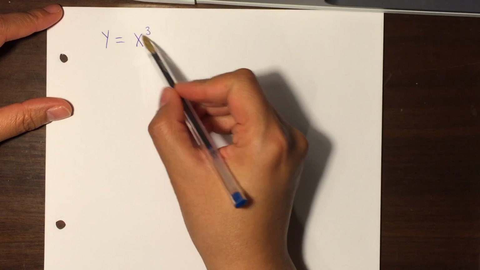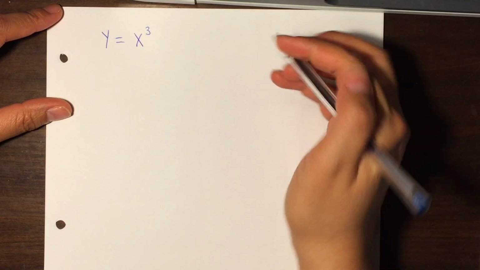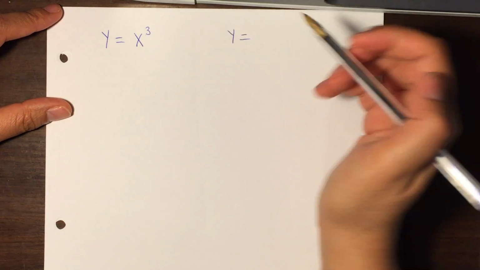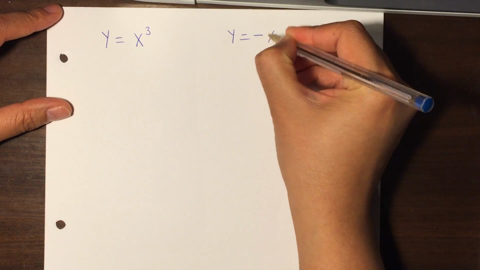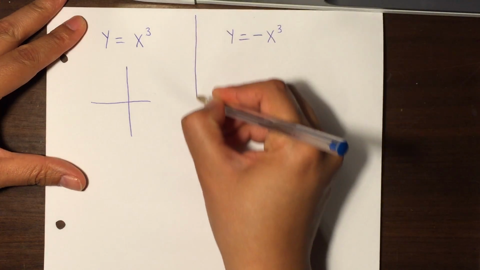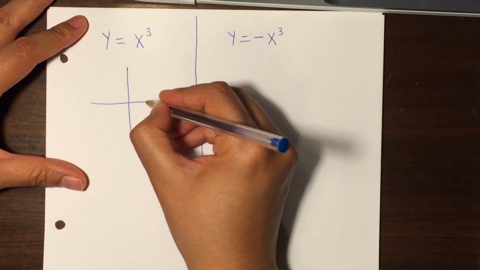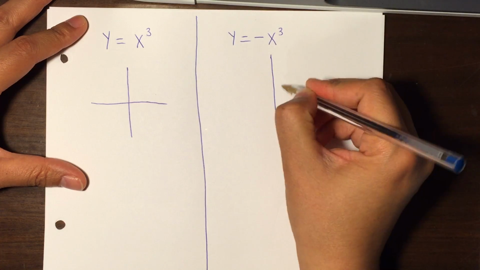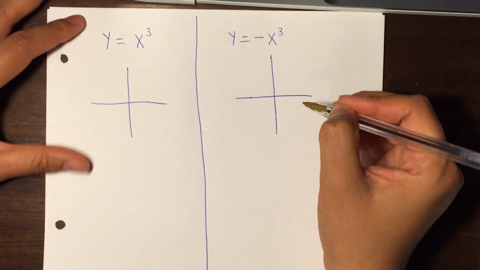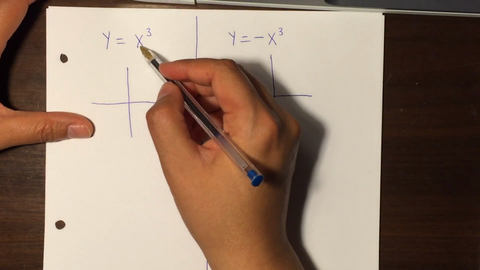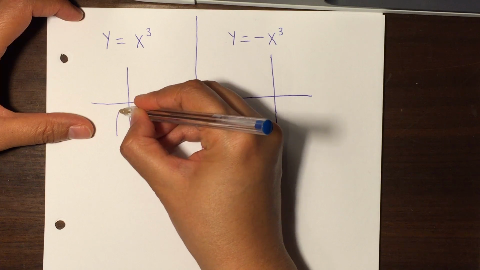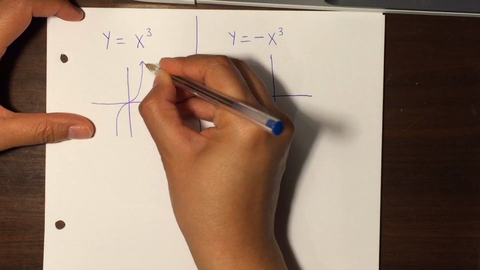Sometimes my exponent is not going to be a square, but a cube. And I'm going to have the positive x cubed and negative x cubed. Okay, let me draw my coordinate planes here. And so the y equals x cubed is going to be shaped a little bit like a snake, I say.